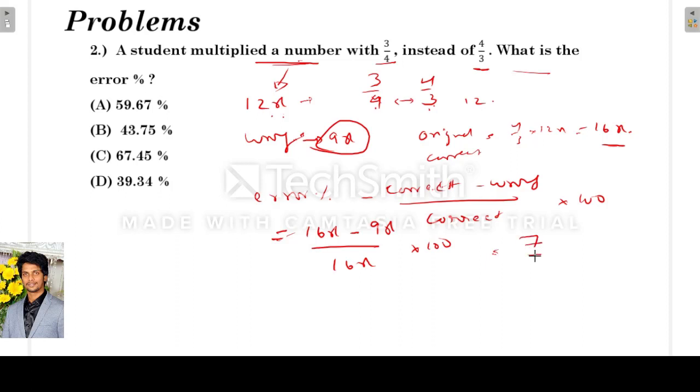So it is 7 by 16 into 100. Four fours are 16, so it is 175 by 4%, which is 43.75%. So error is 43.75%, or 175 by 4. So this is the answer.